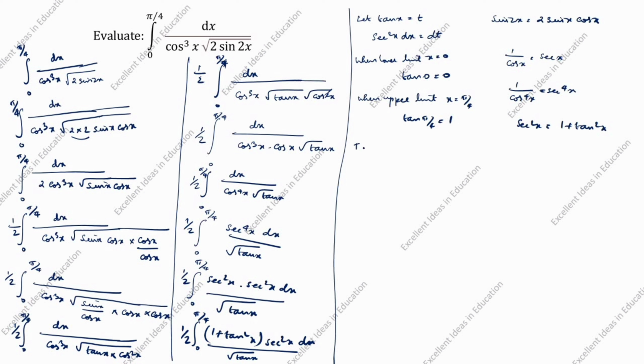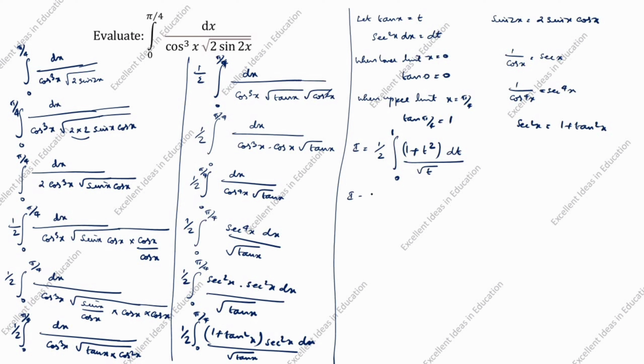Next, I is equal to 1 by 2 integration of lower limit is 0, upper limit is 1. So 1 plus tan square x, 1 plus tan x is t, so tan square x is t square. Secant square x dx is dt divided by tan x is t. So root is there, so root t.